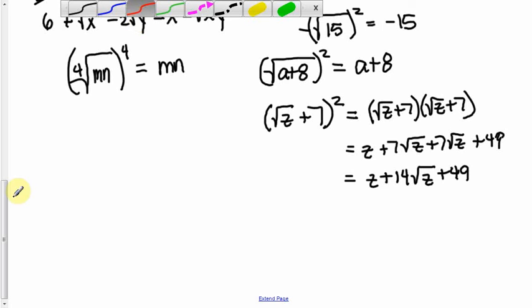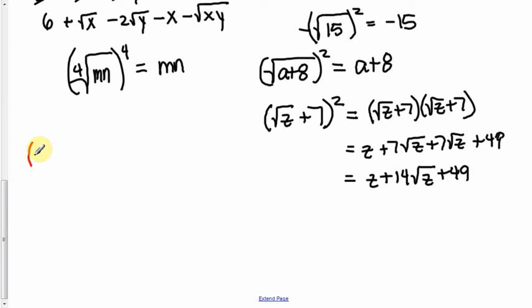All right, so let's do one that's kind of a challenge. So we have the square root of 3m minus 2, all under the radical, then a minus 5 outside the radical being squared.